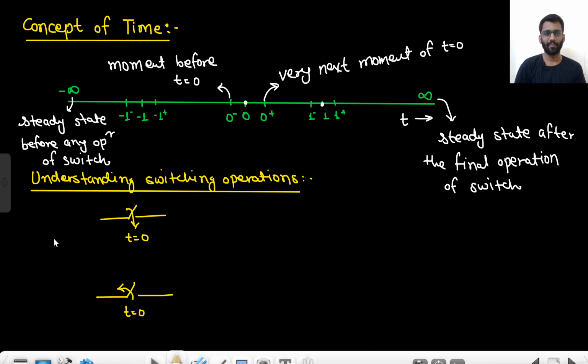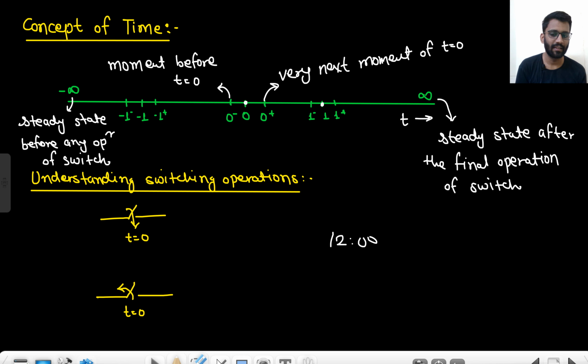Now what do we mean by that? I'm saying that I'm closing the switch at t equals 0. So before t equals 0, the switch was open, right? At a particular time I am closing the switch, so before that time the switch was open. So there was a lot of time before that. Now t equals 0 is not a particular clock time, like 12 o'clock.